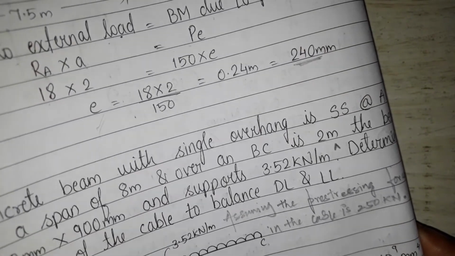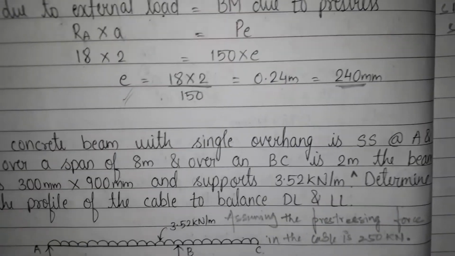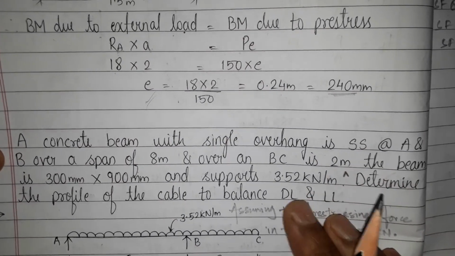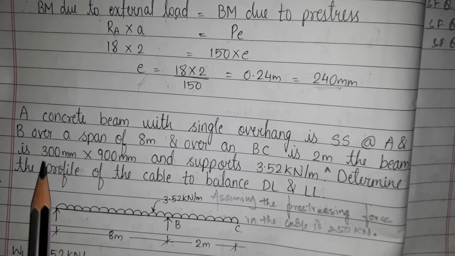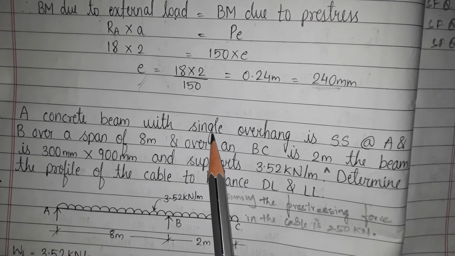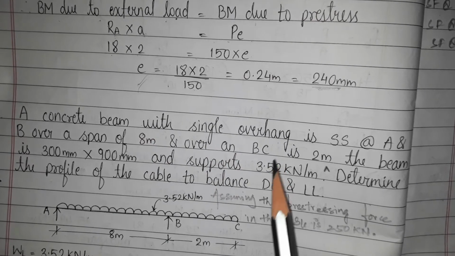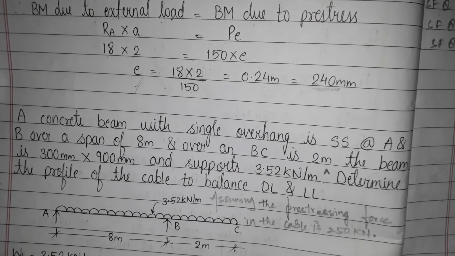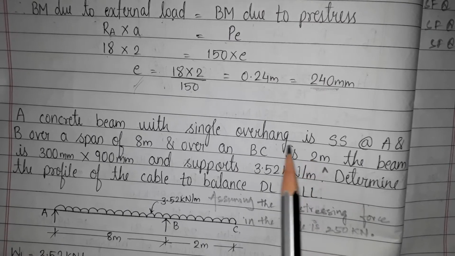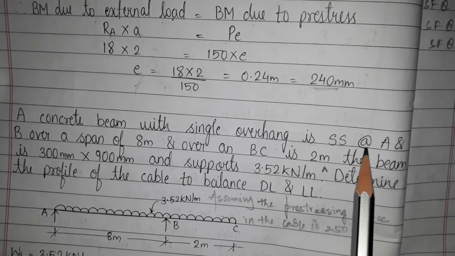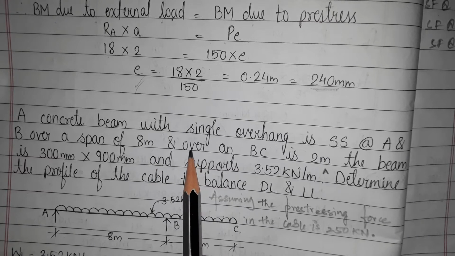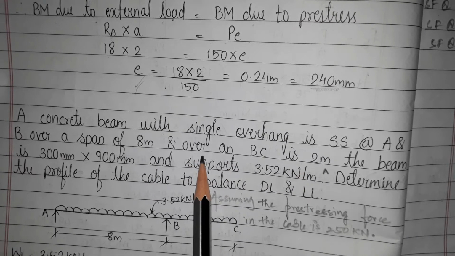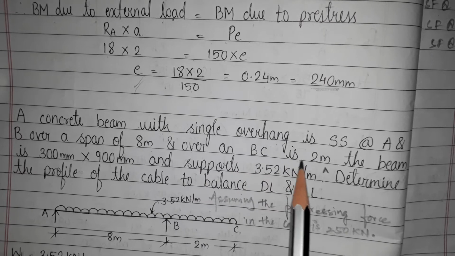So I'll read out the statement here. Okay, so here it is given: a concrete beam with single overhang, means it is an overhang on a single side. The beam is simply supported at A and B over a span of 8 meter, and overhang BC is 2 meter.